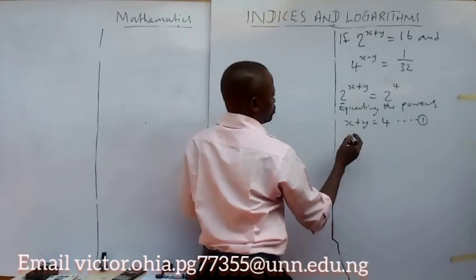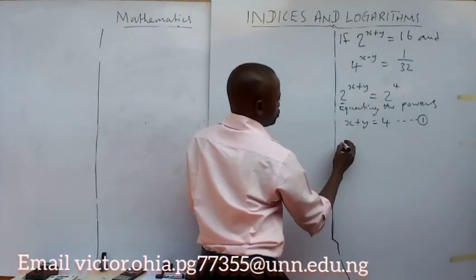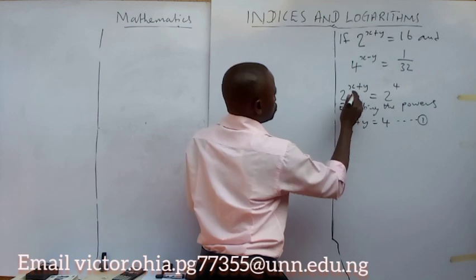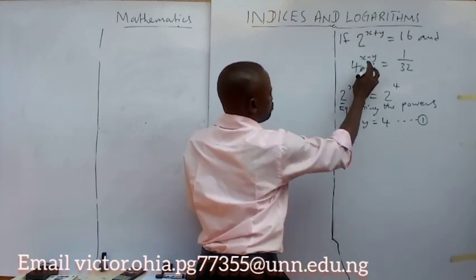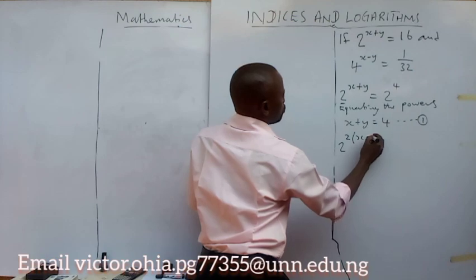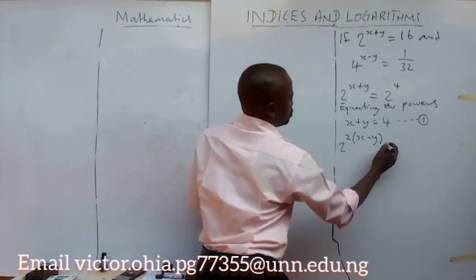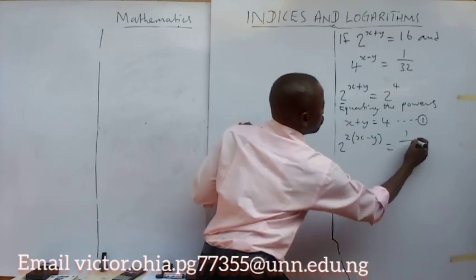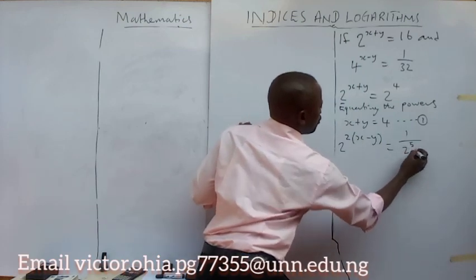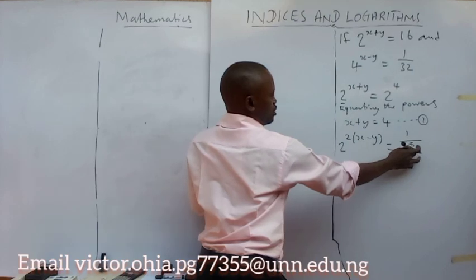Down here we are going to have 2 to power 2, which is 4, and then there is existing power there, which is x minus y, equals to, I will rewrite this as 1 over 2 to power 5. Of course, you know that 32 is 2 raised to power 5.